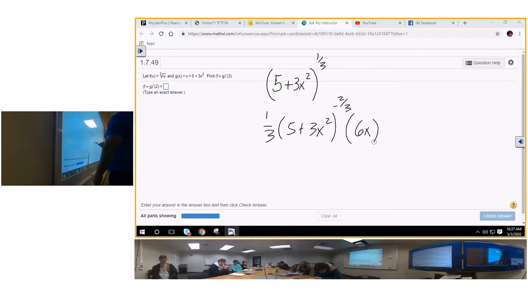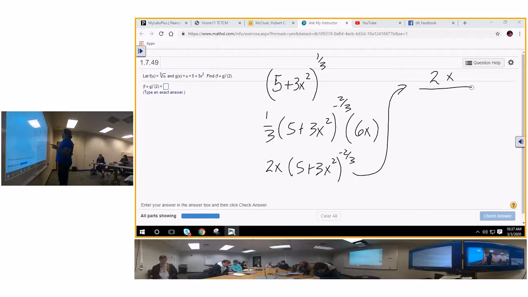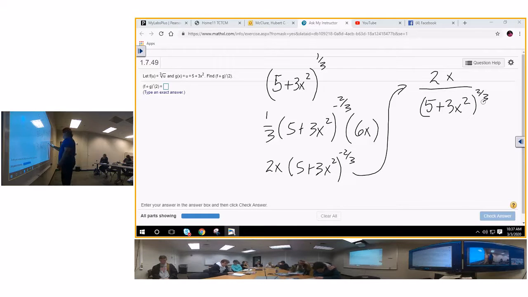And 6x divided by 3 is what? 2x. 2x times 5 plus 3x squared raised to the negative 2/3 power. And that's going to be 2x over, exponent over index, so 5 plus 3x squared to the 2/3. Exponent over index, so that's going to be 2x over the cube root of 5 plus 3x squared raised to the 2nd power.